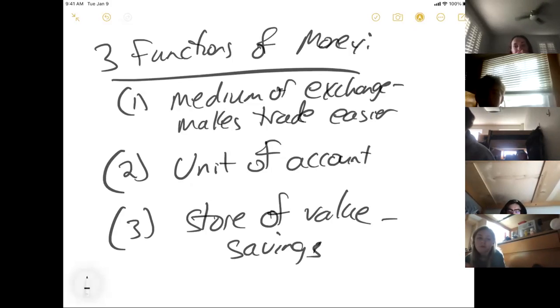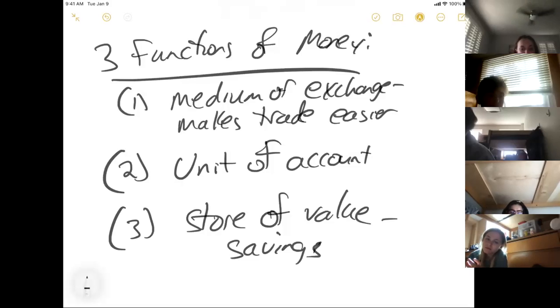They had no way to account for production. They had no way to account for trade. And so even the communists had to have the ruble. They needed something that served as a form of money. And so it just goes to show you that if humans are going to trade, something is going to need to serve the form of money because these three functions are very, very valuable.